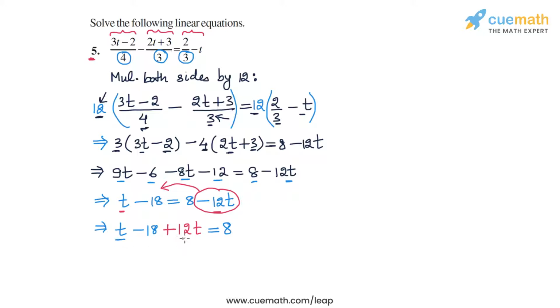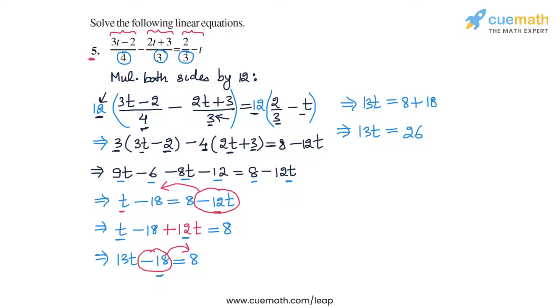Now t plus 12t is 13t, so we have 13t minus 18 is equal to 8, and the next step should be to transpose this minus 18 to the right hand side. So we get 13t is equal to 8 plus 18, since the transposed term minus 18 becomes plus 18 on the RHS. So 13t is equal to 8 plus 18, or 26.